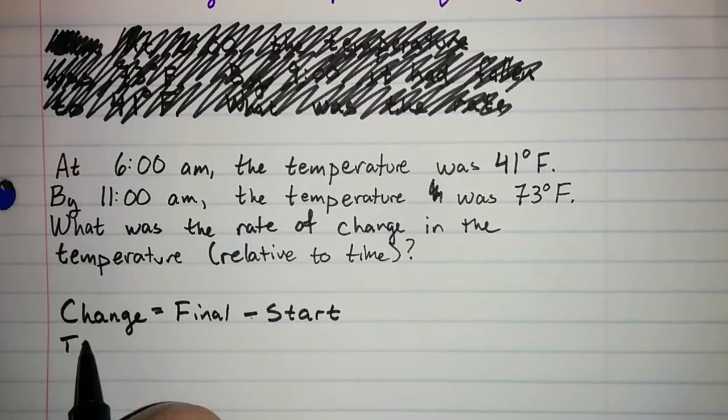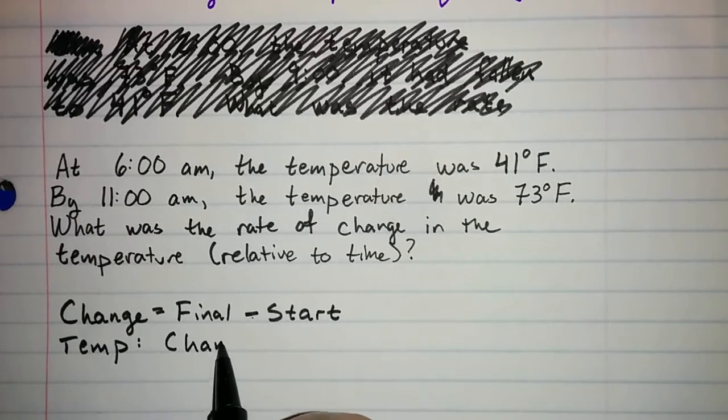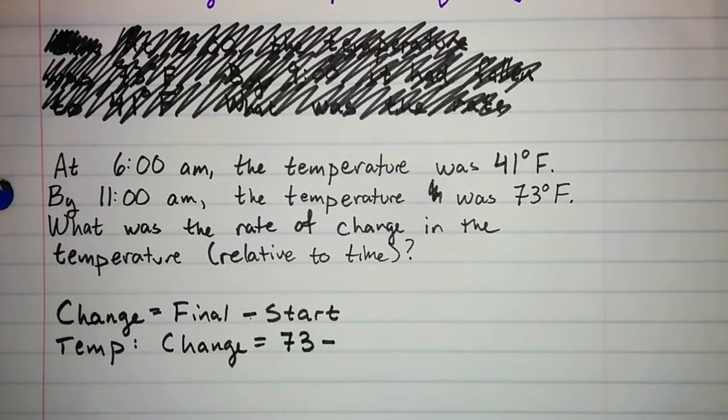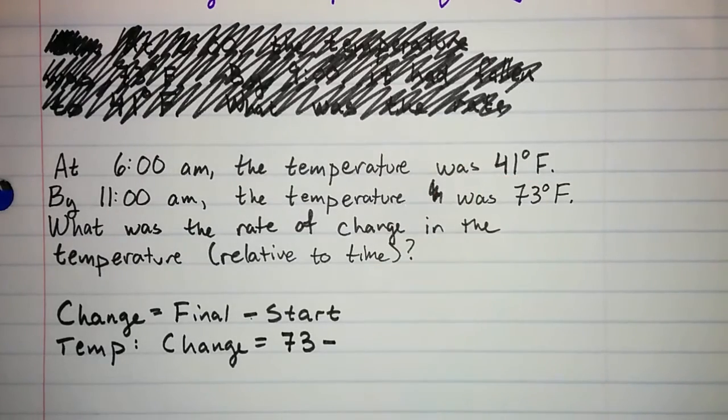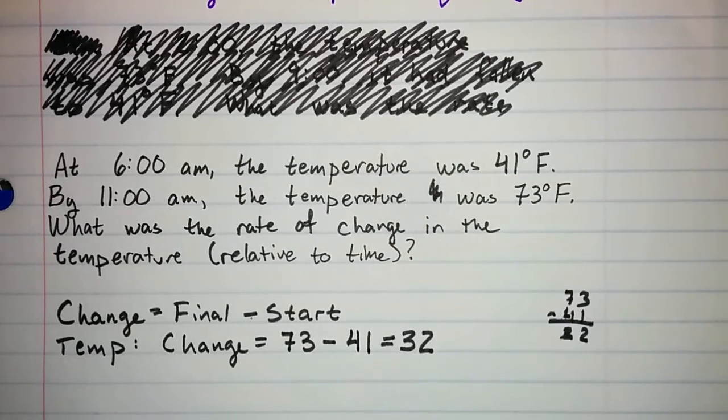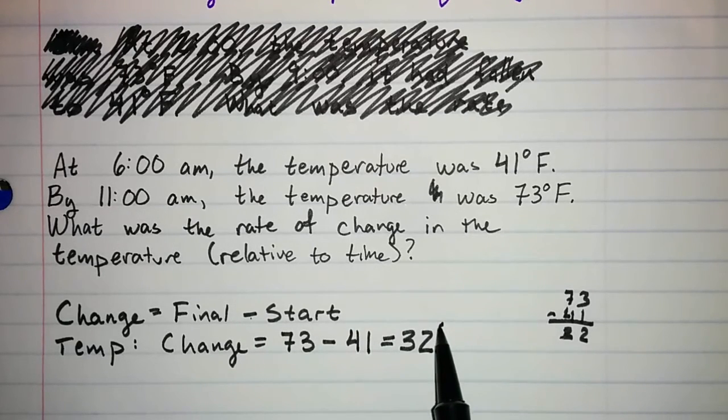For temperature, the change is the final temperature, that's 73 degrees, minus the starting temperature, that's 41 degrees. Subtracting, we get that the change in temperature was 32 degrees Fahrenheit.